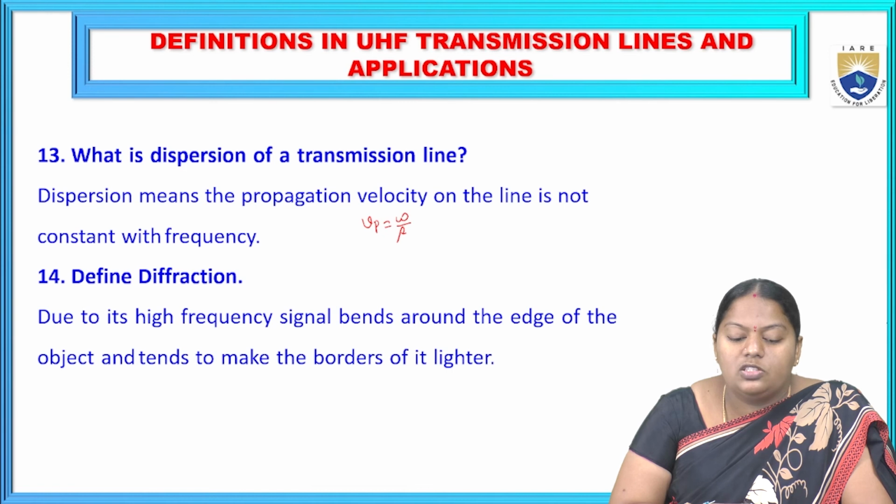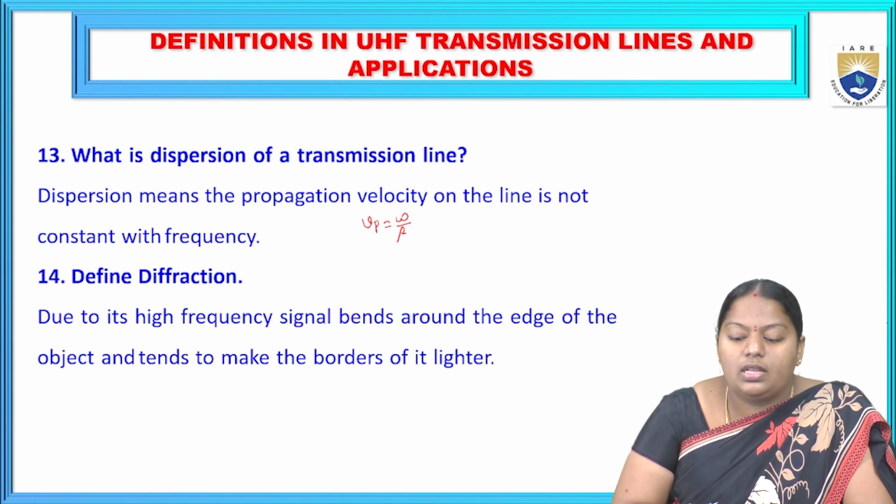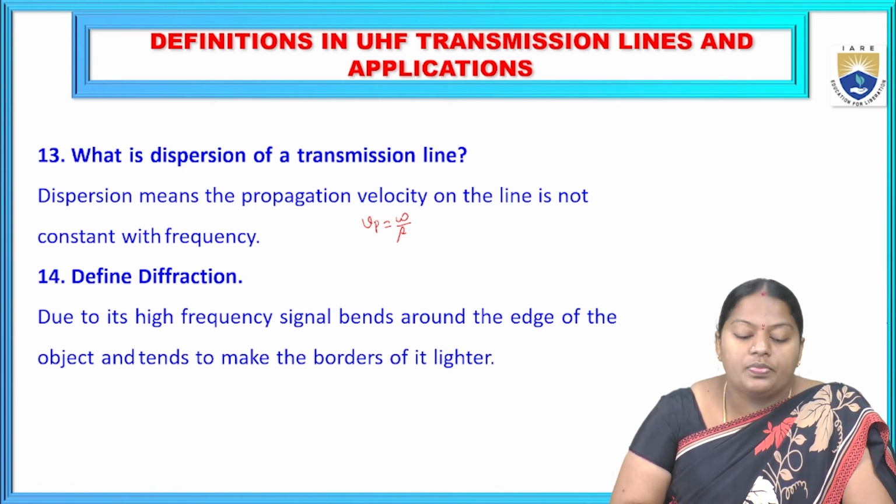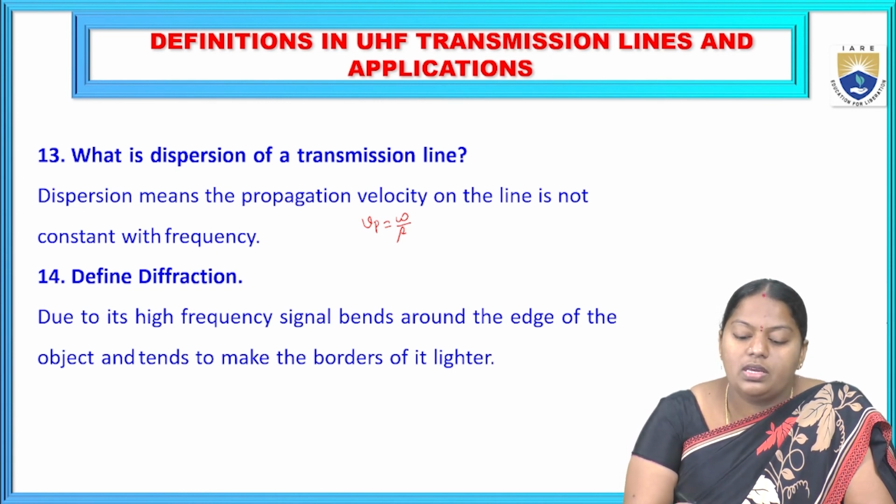So dispersion means the propagation velocity on the line is not constant with the frequency component. It is given by the mathematical equation Vp equal to omega by beta.